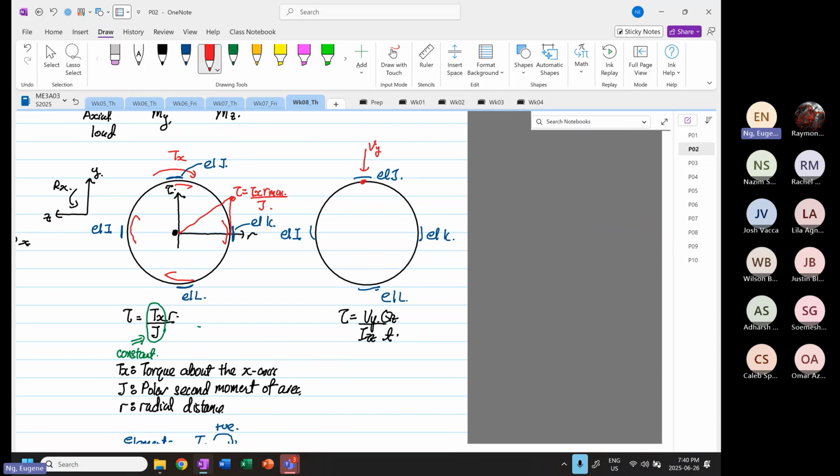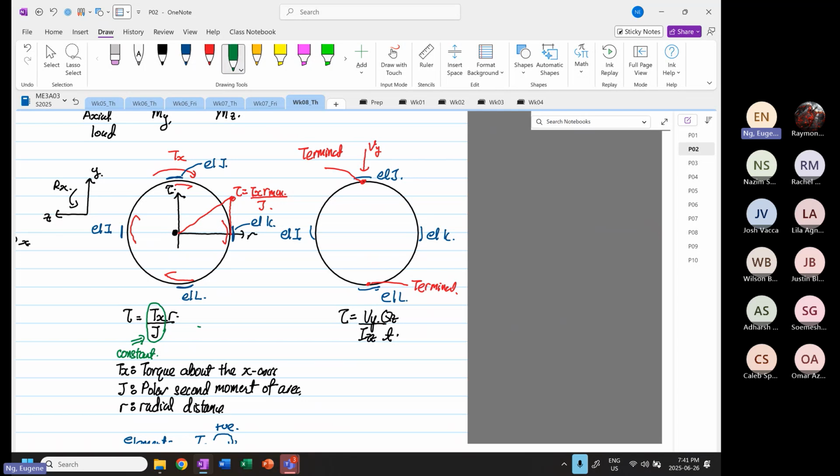This point over here is known as our terminal, and this point over here is the other terminal. So now I'm going to sketch the shear flow.